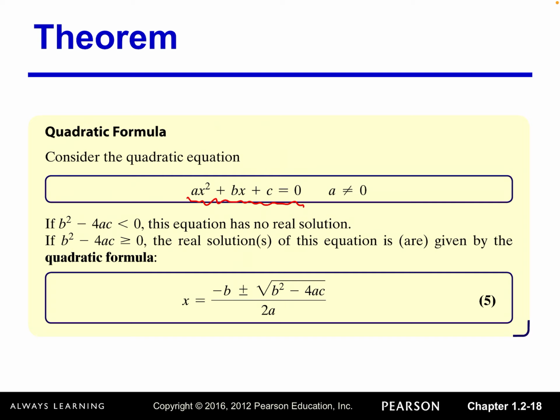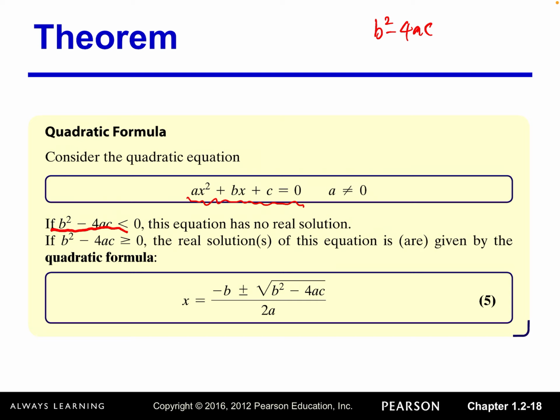We call b squared minus 4ac a discriminant. Okay, so b squared minus 4ac, we give a specific name called a discriminant. If the discriminant is a negative number, then we say this equation has no real solution.